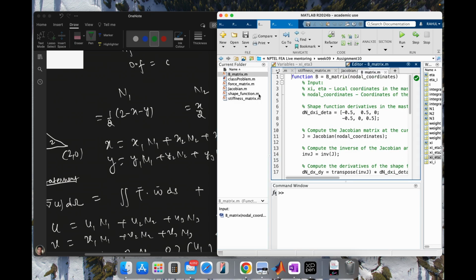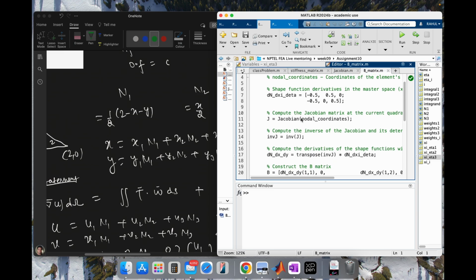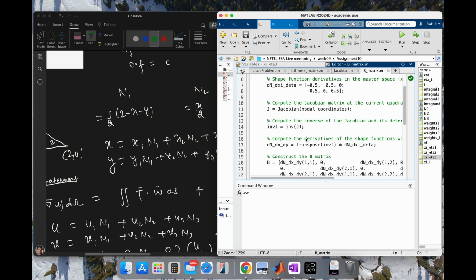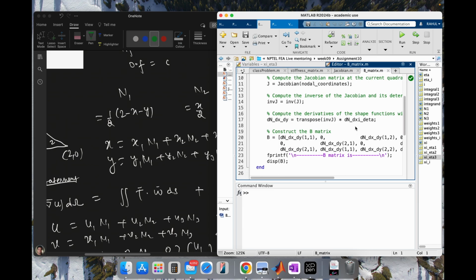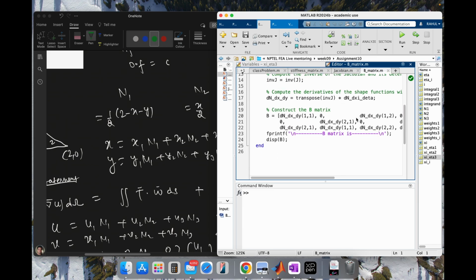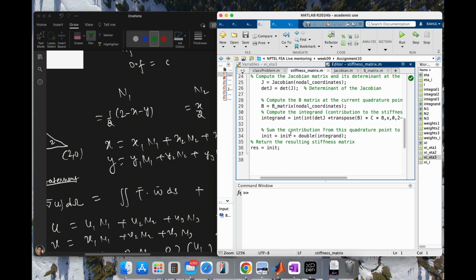Now let's move to the B matrix, which is important to calculate the stiffness matrix. J is the Jacobian matrix. Then it will take the inverse, then the transpose inverse, then it will find B. This is the B matrix. And then what will be the integrand?